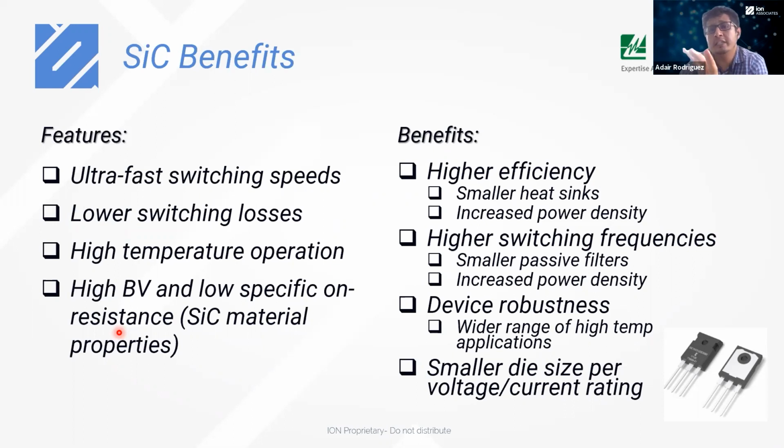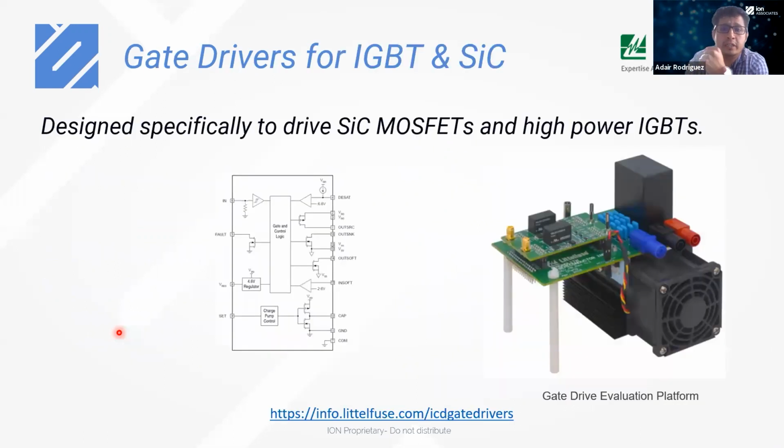And this is all related, of course, with the gate drivers. For these technologies, we just need to remember, we will need some gate drivers. Normally, silicon carbide and GaN technologies require a different kind of drivers. So that is another thing we should consider when we want to implement this technology.